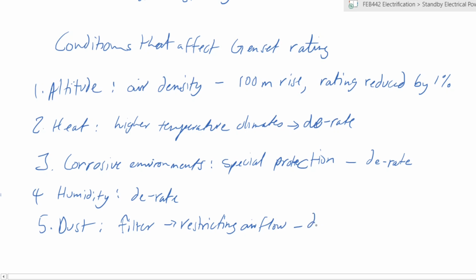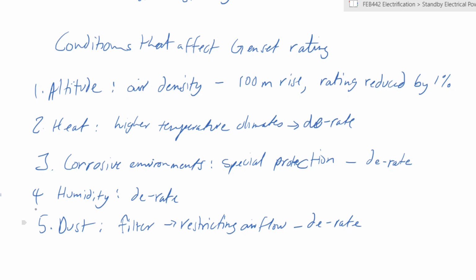That of course means that you have to derate, because if the machine was taking in air without any restrictions, it would be able to take in more air, and hence combustion would be operating much higher. But because the amount of air being taken in is lower, you have to derate the machine, because it will not be able to attain the high powers that you might be planning to supply.